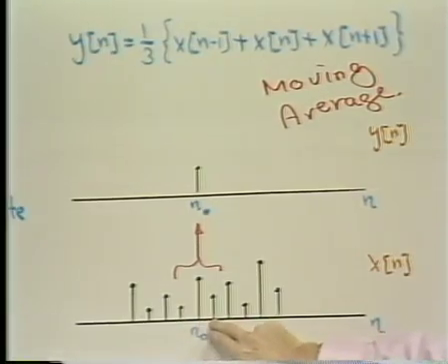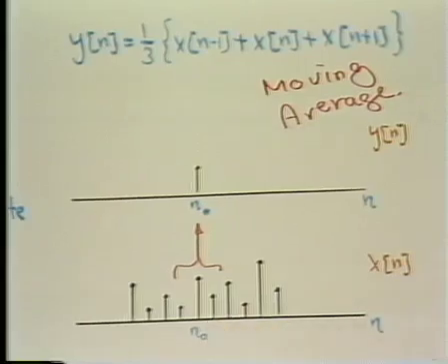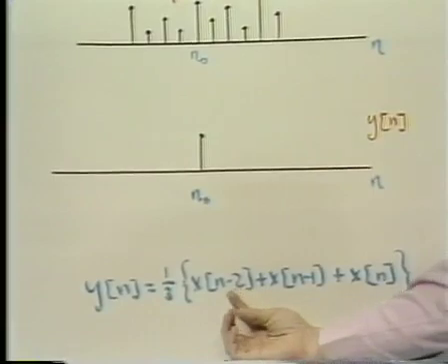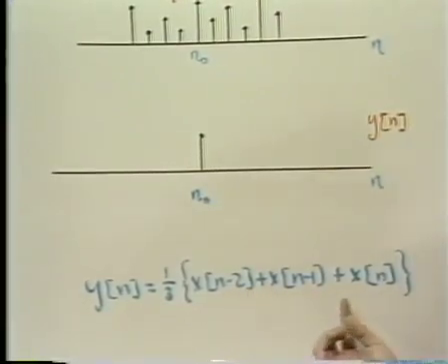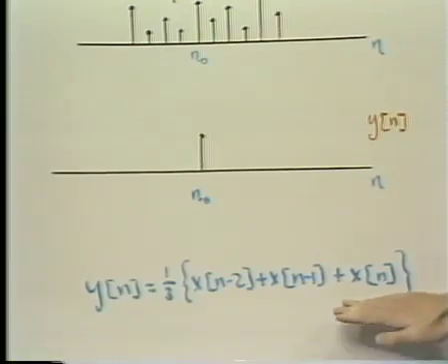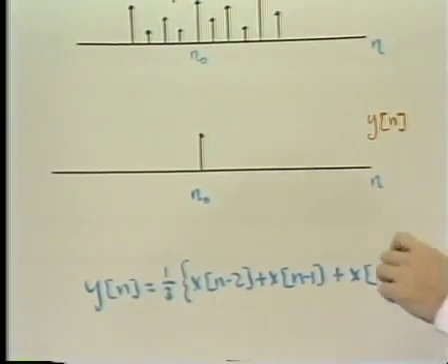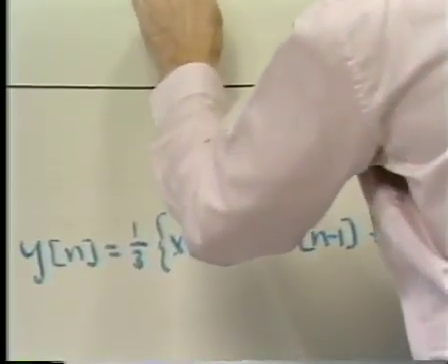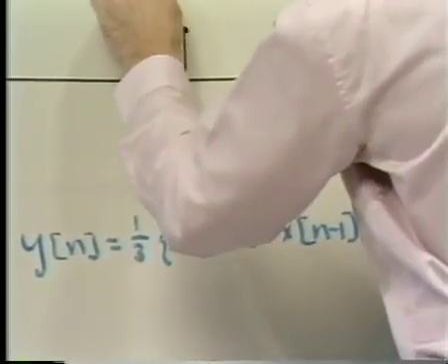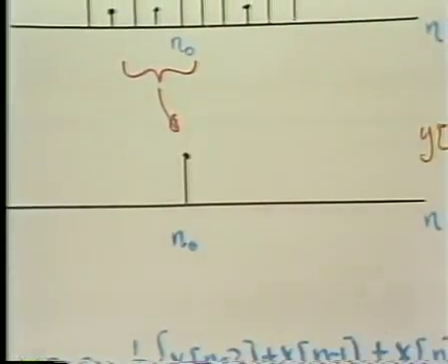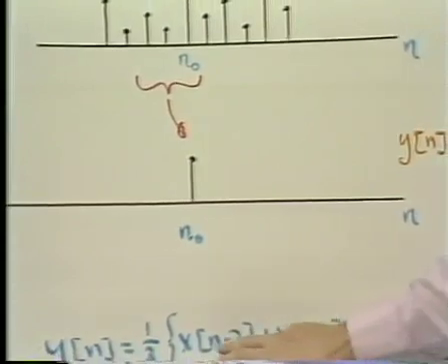As opposed to another moving average, which I've indicated here, where I've simply shifted the values that I combined together. In this case, because of the way in which I've picked the values, the output depends on the value at n0, the value at n0 minus 1, and the value at n0 minus 2.